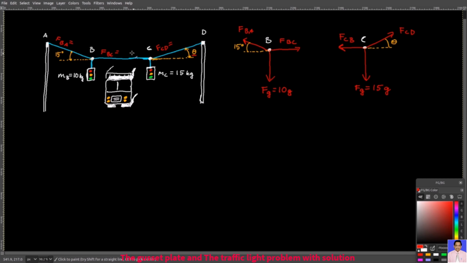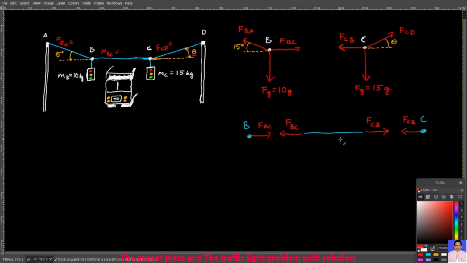But since you only have one cable here, then essentially you have this situation. So this is the cable that you have here. This is point B. This is point C. And so this is FBC. And due to Newton's third law, this is the same force. And then here you have FCB.